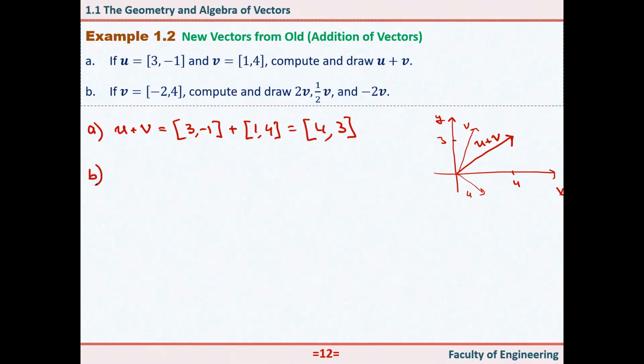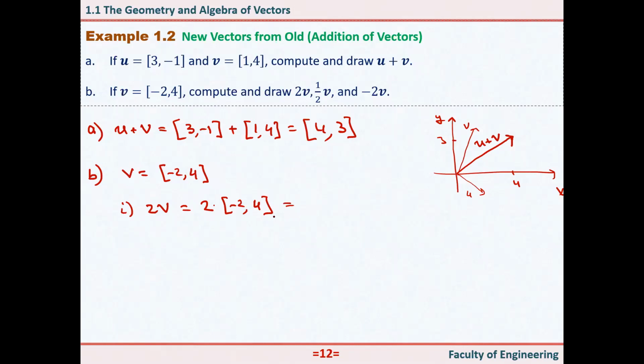And how about part b? If v, the components of vector v, are -2 and 4, compute and draw these things. Number 1, 2v. What is it? It is 2 times (-2, 4).